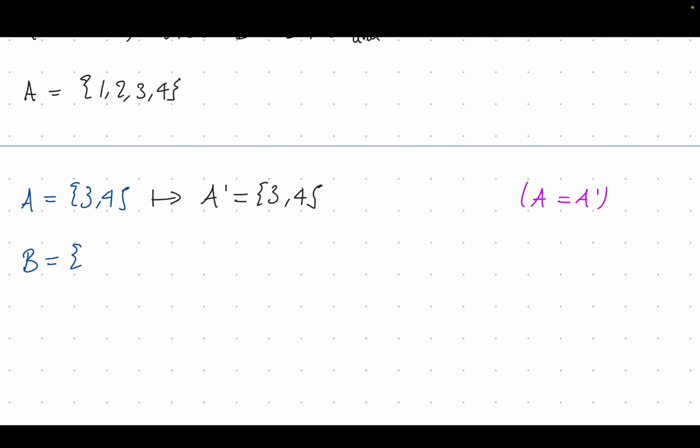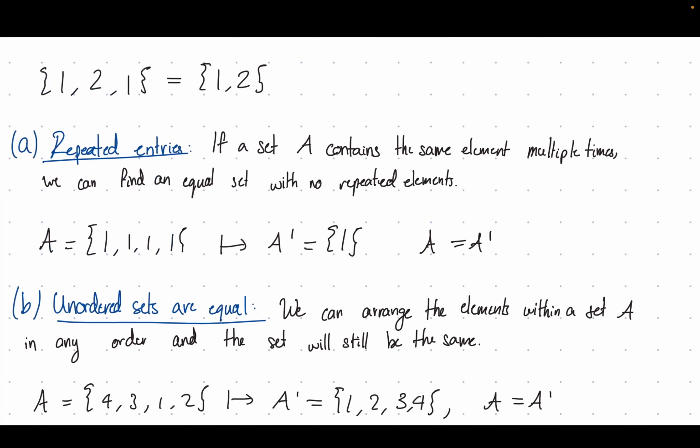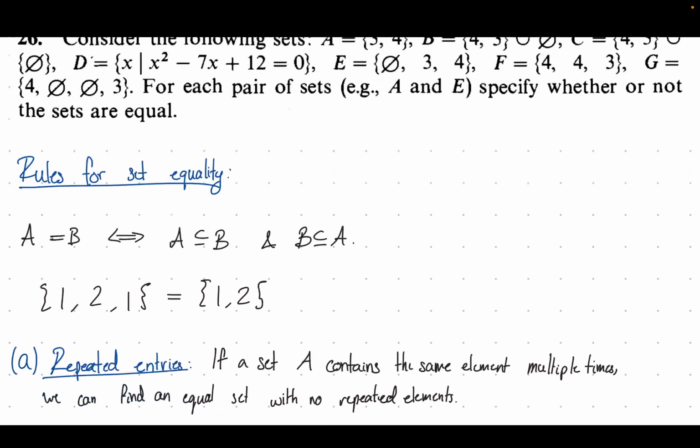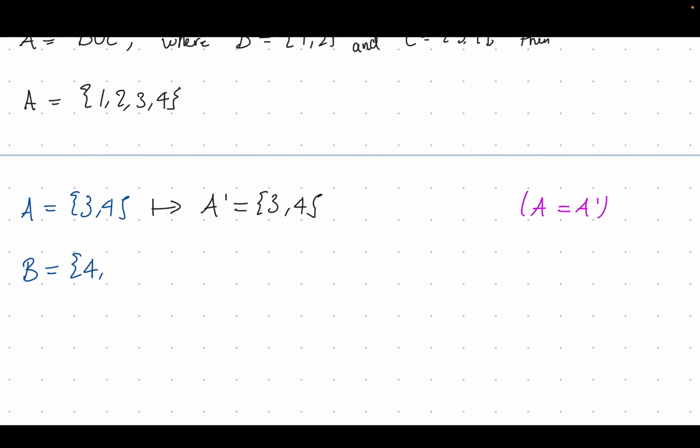So my idea is to order the numbers in increasing order and eliminate all the repeated sets and then lump everything together whenever possible. Just apply that repeatedly until we get the simplest possible expression for our sets. So B is {4, 3} union with the empty set, which we're going to map to B prime.